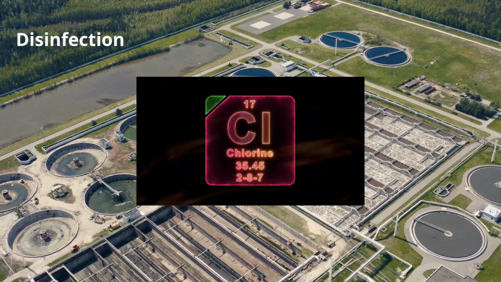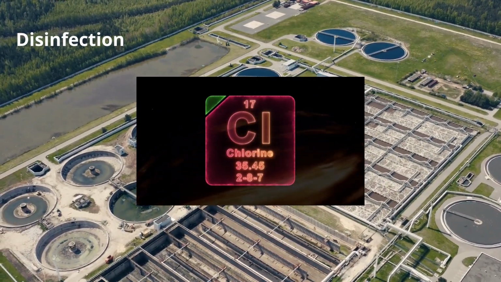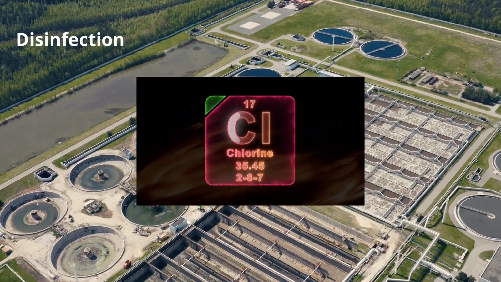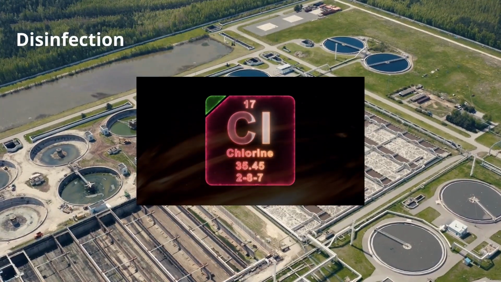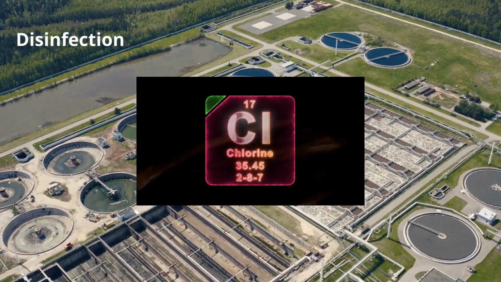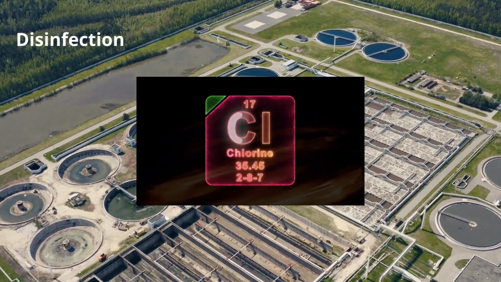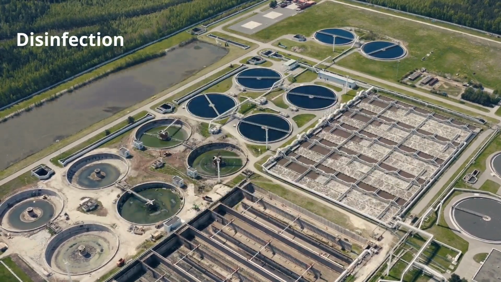The most common disinfection process used in the United States and Europe is chlorination. Chlorine comes in many different forms, including chlorine gas, the most common, chlorine dioxide, hypochlorite or bleach, and others.